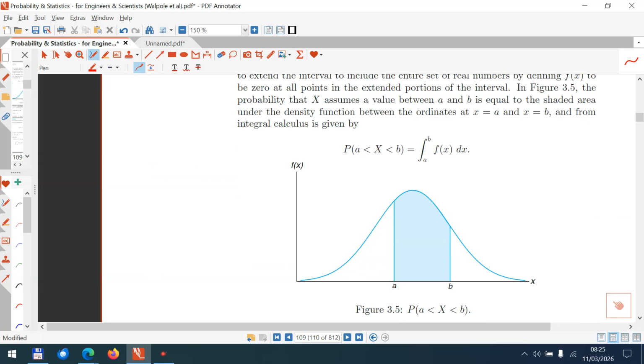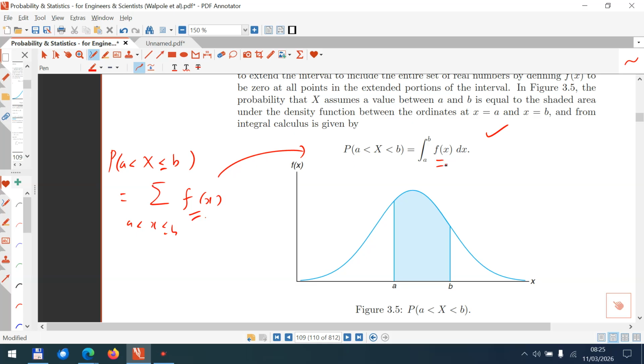Now I'll write the formula which we learned yesterday. Yesterday we learned this formula when x was between a and b. We wrote it as summation of f of x, where x was between a and b. That formula will now be replaced with this formula. Because this was probability, we could add probabilities.